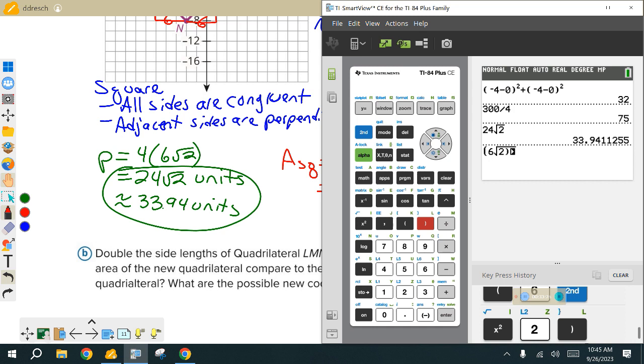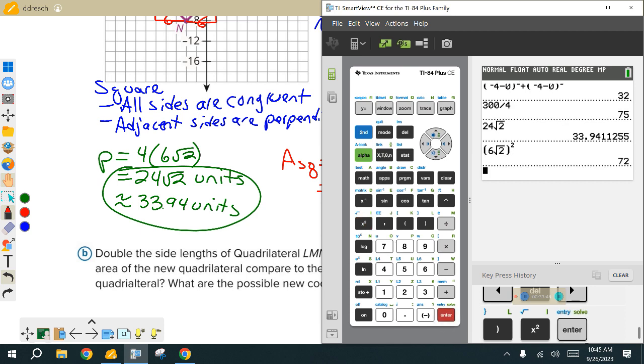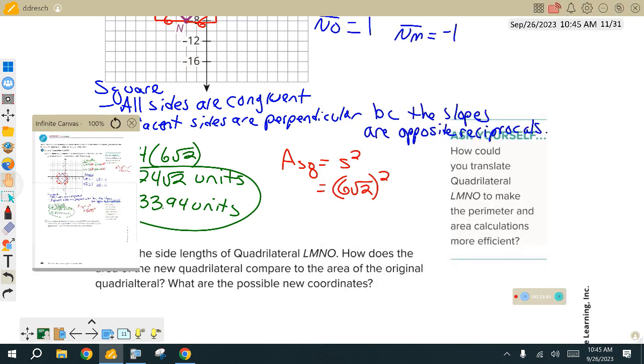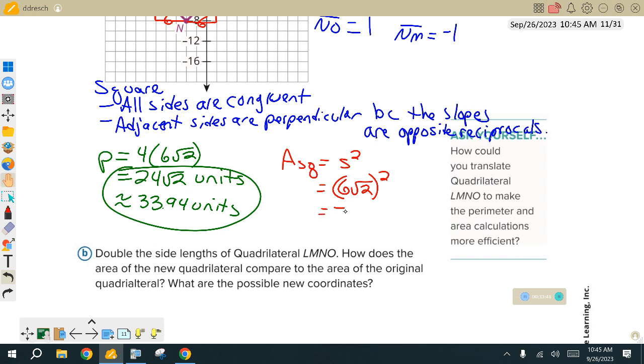As I typed it in, not paying attention, I cut my parenthesis. Your calculator is just going to go straight to underneath the radical. That's not going to be correct. You need to move it from underneath of there, close it, and then hit squared. You should be getting 72. And there's no rounding needed for that, is there?